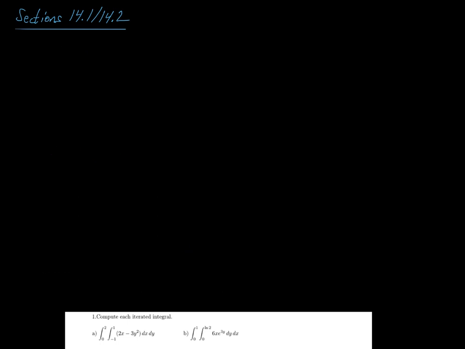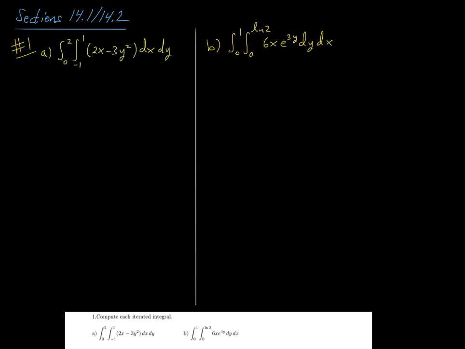All right, so with that all being said, let's jump into problem 1. In A, we're looking to integrate the function 2x minus 3y squared, and the order of integration here is dx dy. To start, I'm going to write in this inner integral in parentheses.